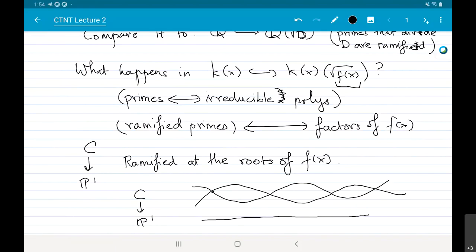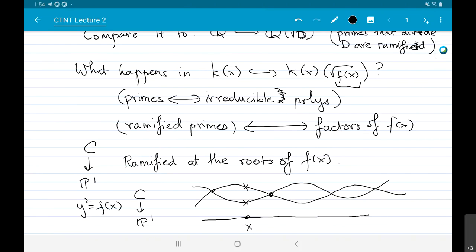Because C is given by y squared equals f(x), if I take some value of x here, the two square roots of f(x) give you the two values here and here. And the ramified points are where these two roots collapse and give you the same point.